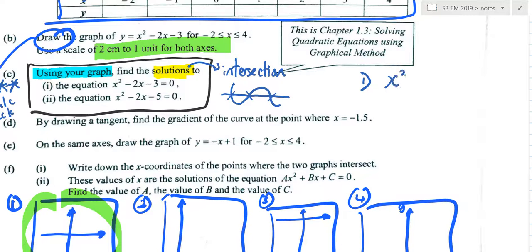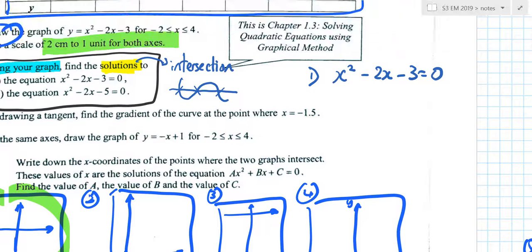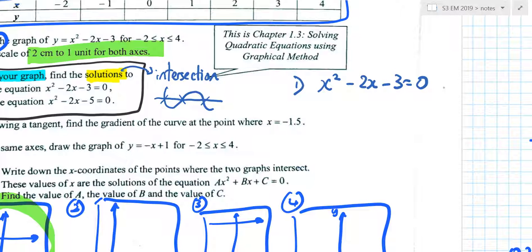x squared minus 2x minus 3 equals 0. Can you write down? Make the left hand side equal to the original curve.